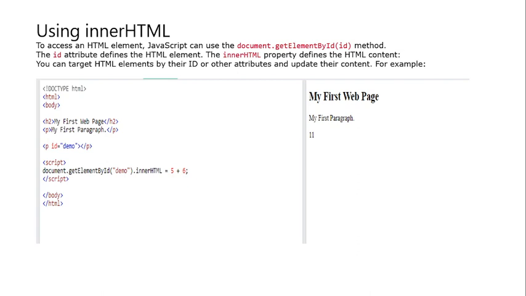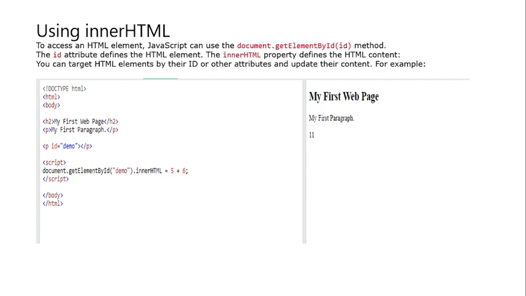The first and foremost thing is how we are going to use innerHTML in JavaScript. Normally innerHTML is a property where I am going to use document.getElementById. This getElementById is denoted as a method, right?